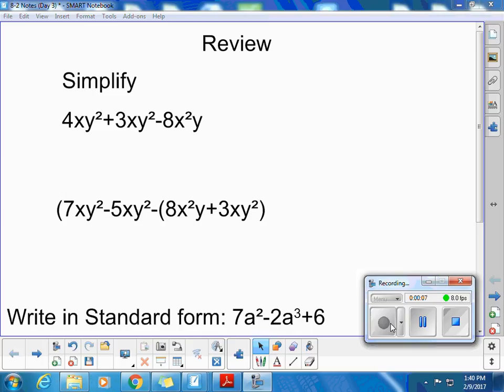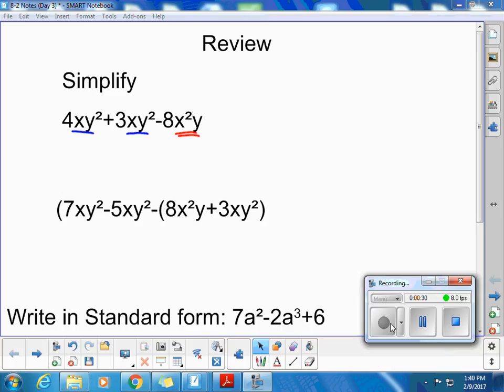So if we want to simplify our first expression, remember that we have x's and y's in all these terms, but the exponents have to be the same. So this is xy to the second, here's xy to the second, but this is not, this is x squared y.